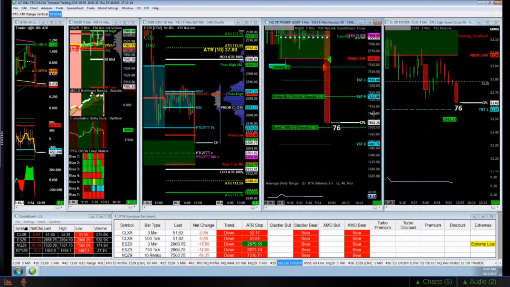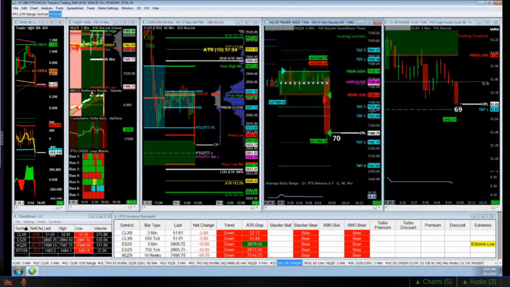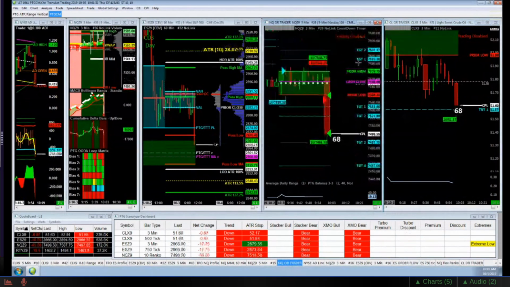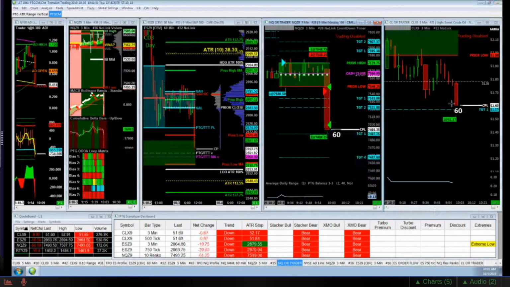Short on the NQ, filled on the crude oil. Boom. All right. Flat on the NQ, guys, on the stop and reverse. Reversal targets hit. All right, I'll summarize shortly. That was the ISM craziness.